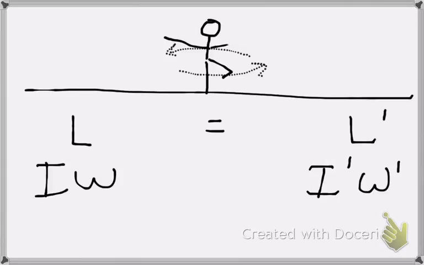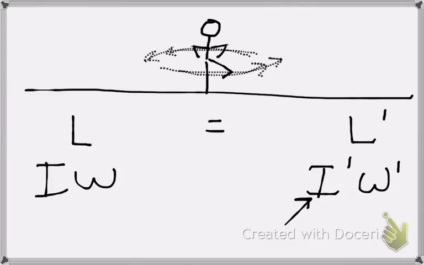So I could change either the moment of inertia, or I can change the angular velocity. So what I'm going to do is I'm going to change this. Remember, this depends on the shape and the radius and the mass and everything. So if I pull the arms in, and you could probably think about this if you've ever watched figure skating or ice skating, that when they pull their arms in closer, they spin faster, and this is why.